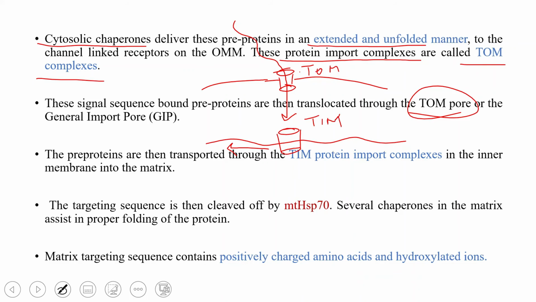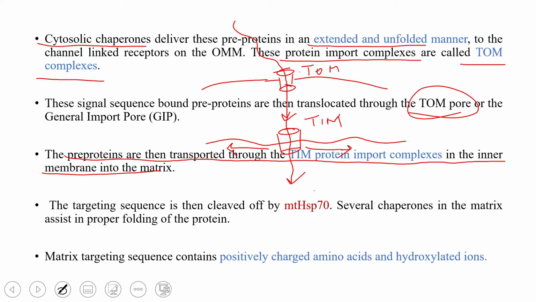Similar to the TOM complexes, there are TIM complexes in the inner mitochondrial membrane. These pre-proteins are then transported through the TIM protein import complexes in the inner membrane into the matrix. These proteins then enter the matrix. Instead of entering the matrix, they can also laterally exit the TIM complex and enter the inner mitochondrial membrane.